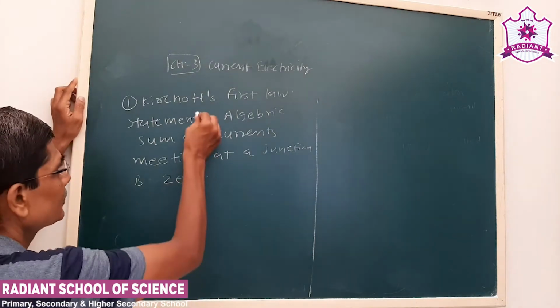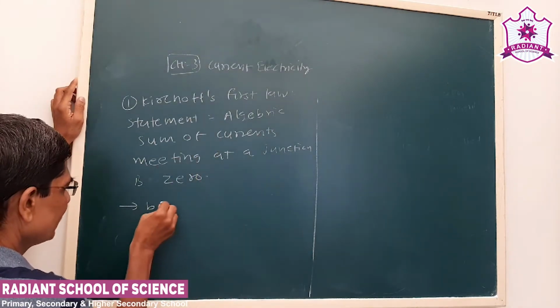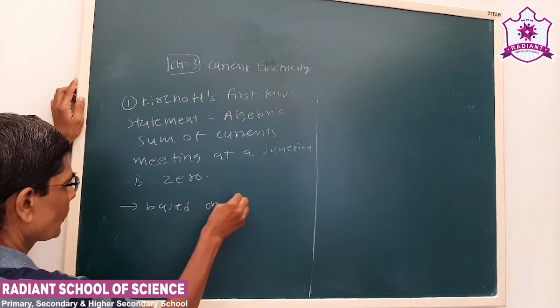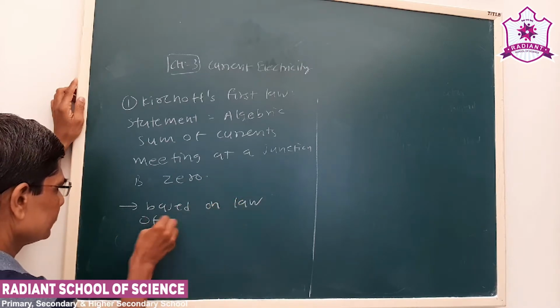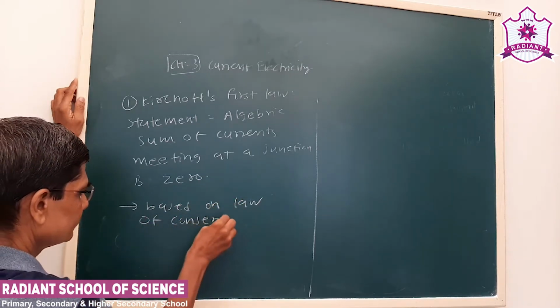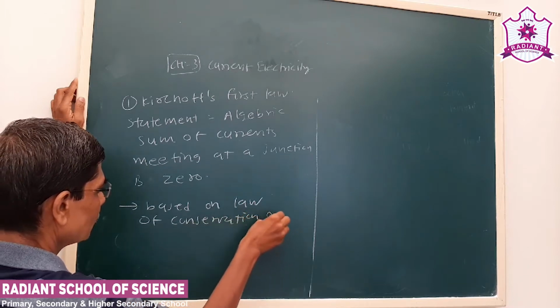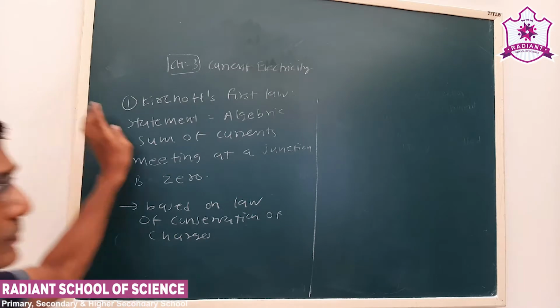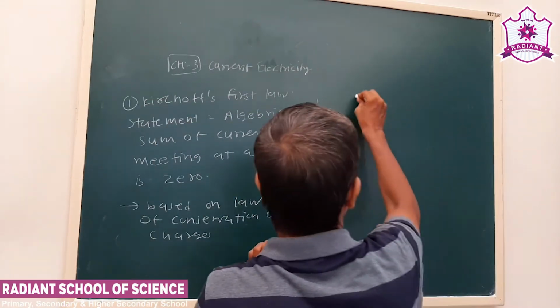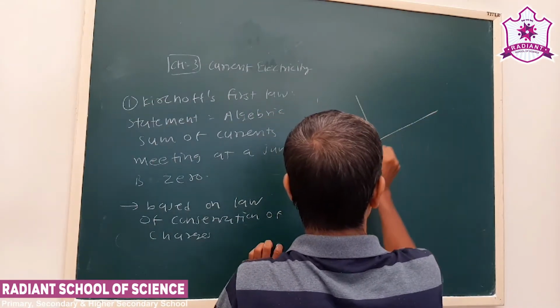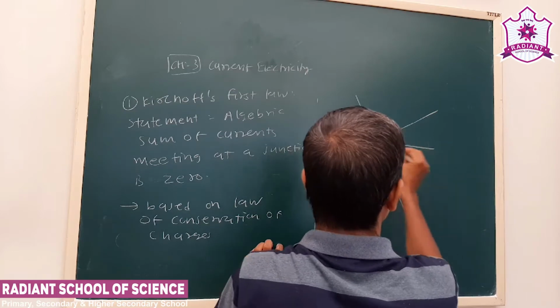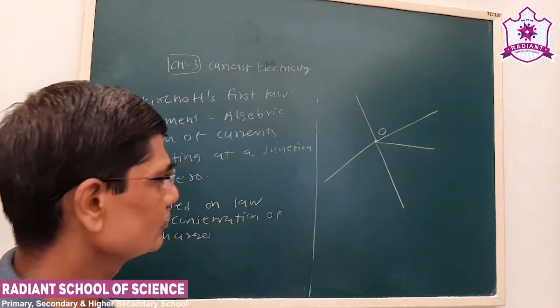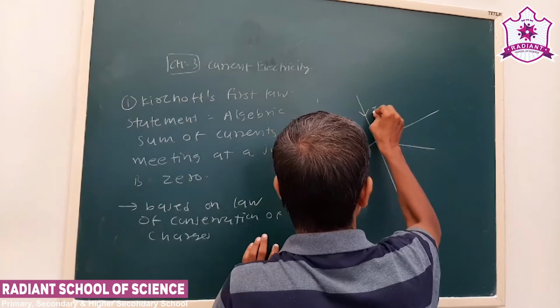Kirchhoff's first law is based on the law of conservation of charges. Let us say O is a junction here.